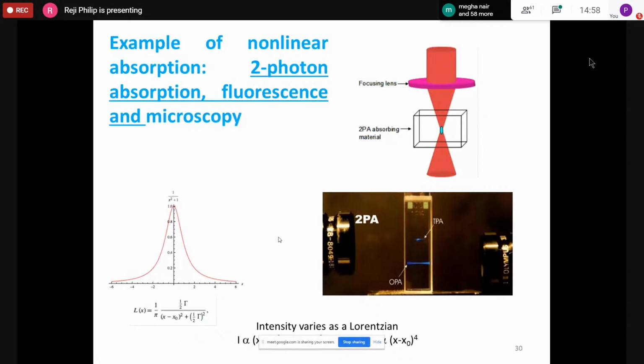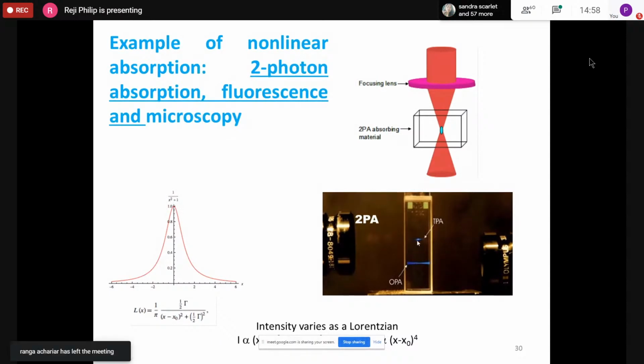That is the fluorescence of the dye. So if you do that, I will see my cuvette. This is a cuvette, a glass container in which I have taken the dye, let's say. So I will see that the entire cuvette is illuminated.